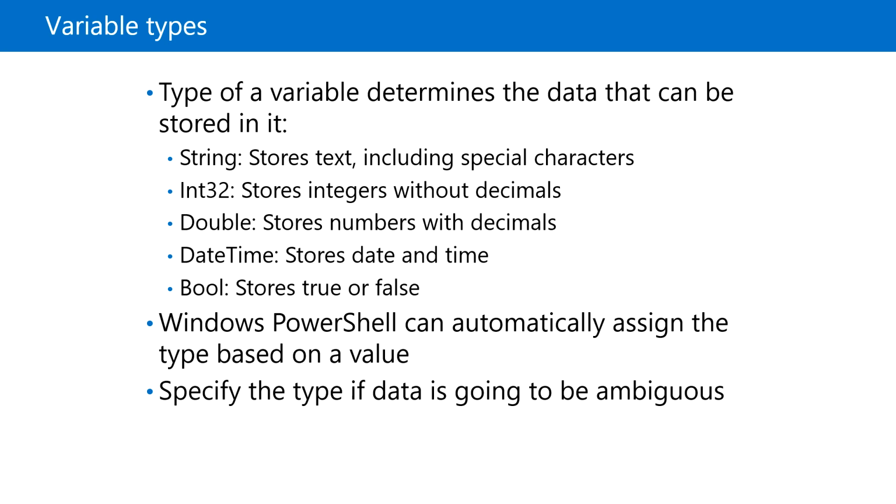If we assign an integer value to the variable without quotation marks, then it will be considered an integer. But if you assign the number including double quotes, then it will be considered a string data type.